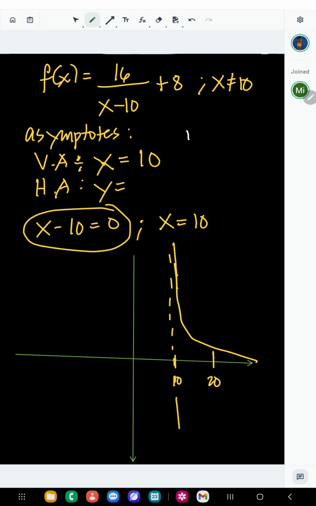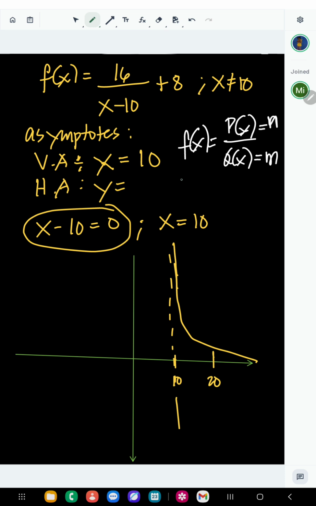Let's say our function is f of x equals p of x over q of x. Let's say we denote the degree of the numerator as n and the denominator as m.